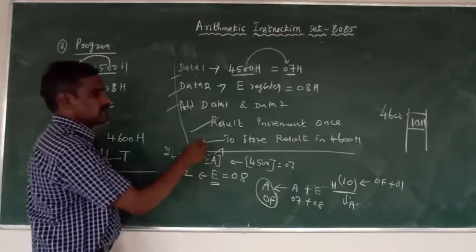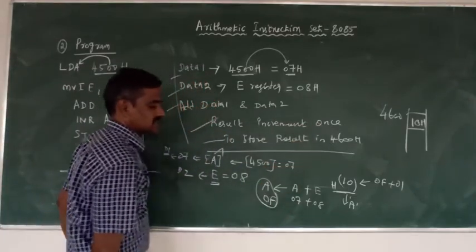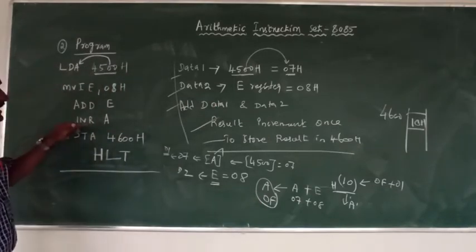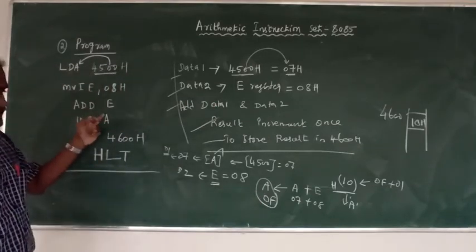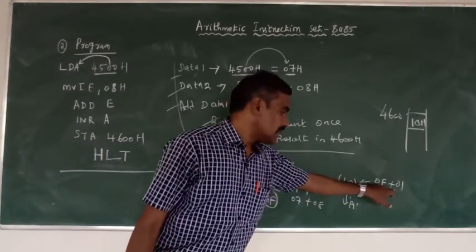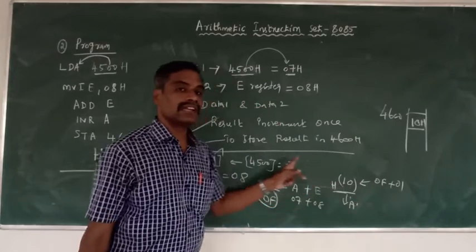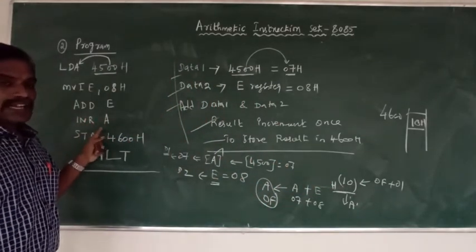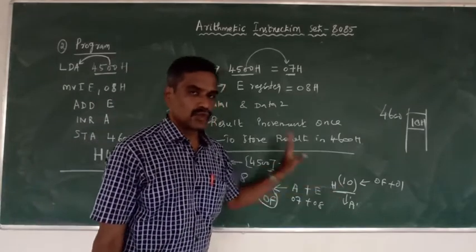And then the result is incremented once. The result is available in the A register. We increment the A register content a single time, using INR A, which adds 01 to the A register and moves the result to the same register. Here the register is A, holding 10.